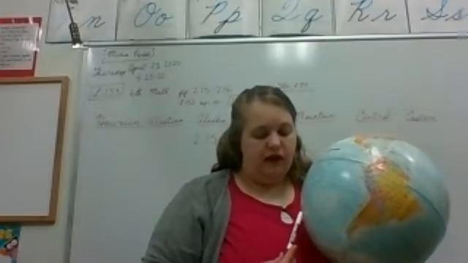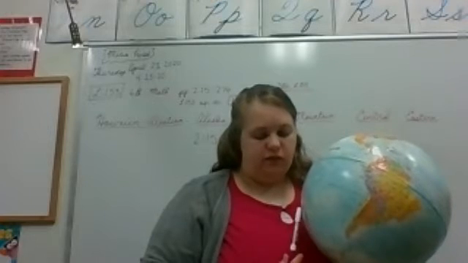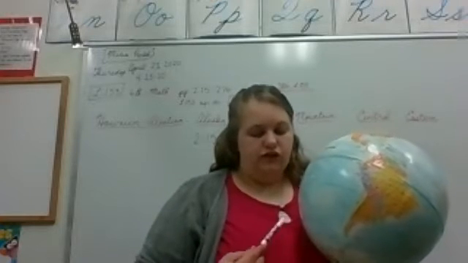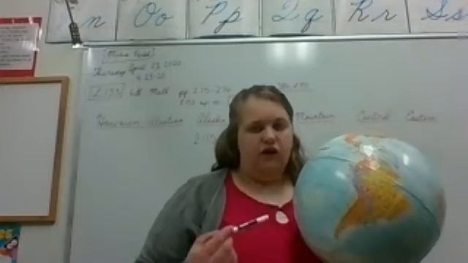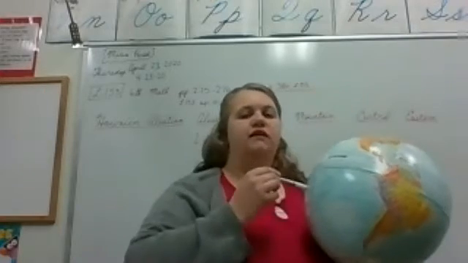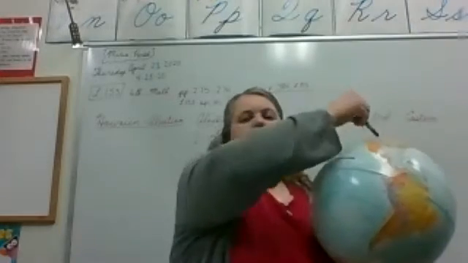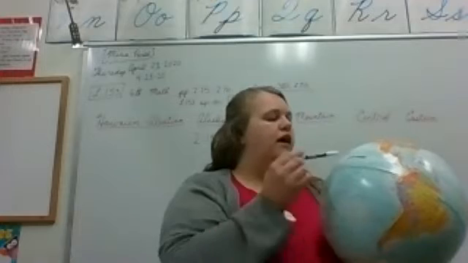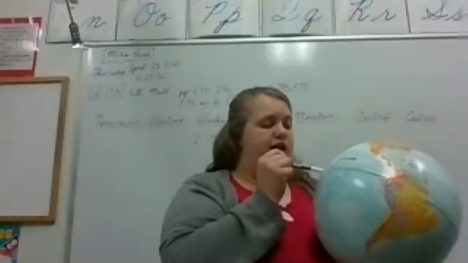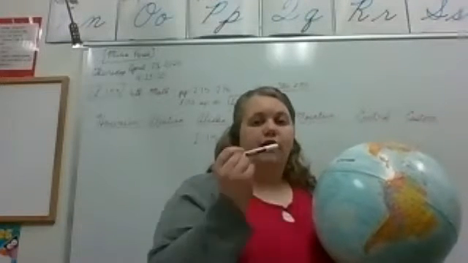Both parallels of latitude and meridians of longitude are used to locate places on the Earth. Okay, so every line that goes up and down and side by side, they'll meet at a certain point, right? And so that tells us where something is.